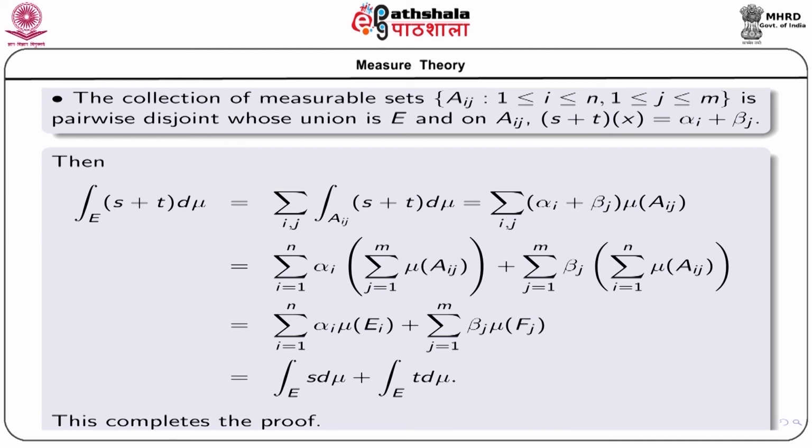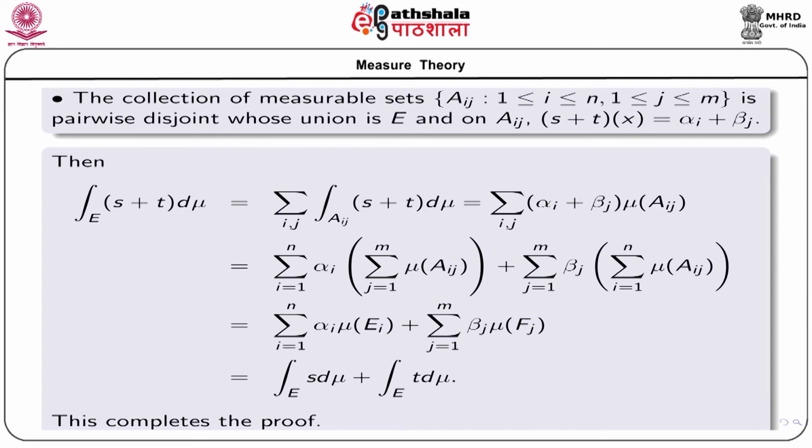Now, see that for a fixed i, the sets A i j form a partition of E i, and since they are mutually disjoint, by the additivity of Lebesgue measure we have the sum from j equals 1 to m of mu A i j is equal to mu E i.